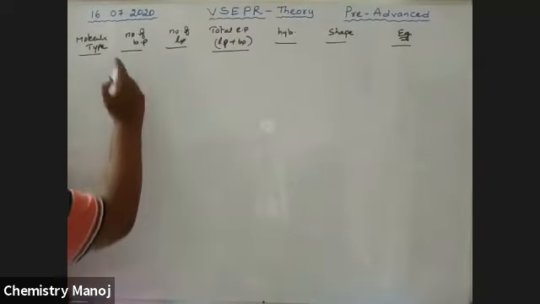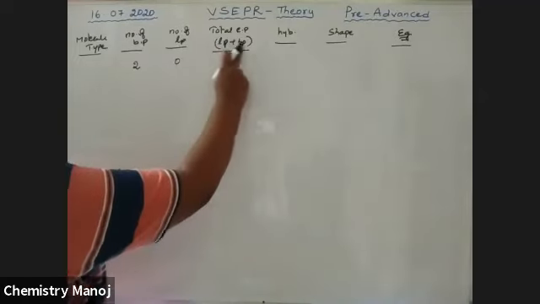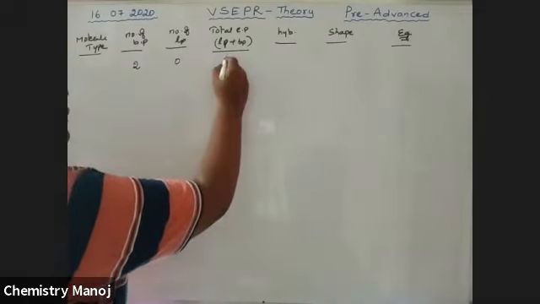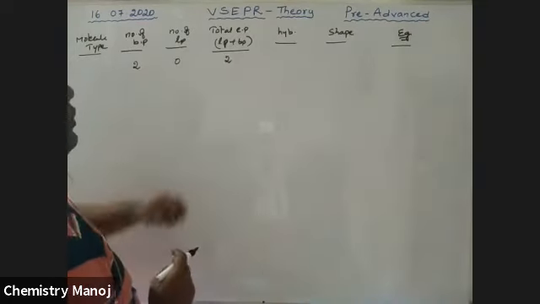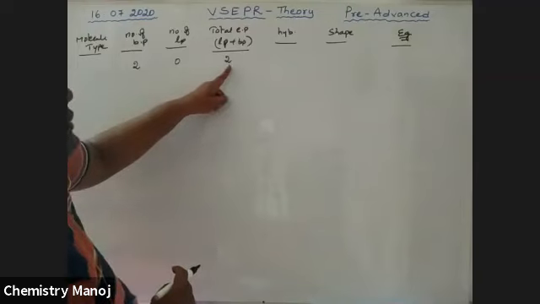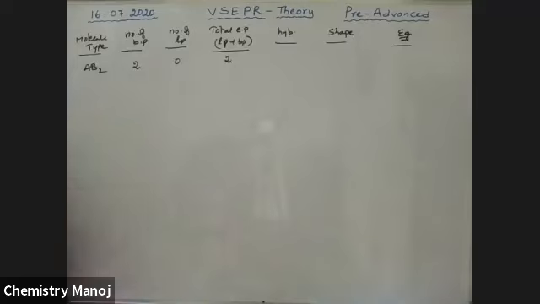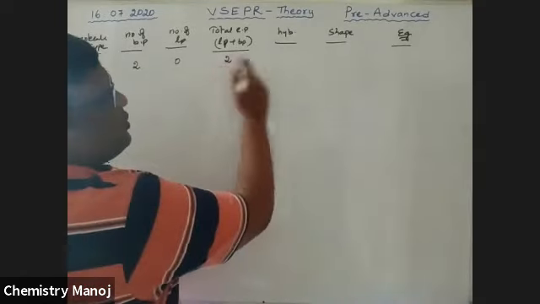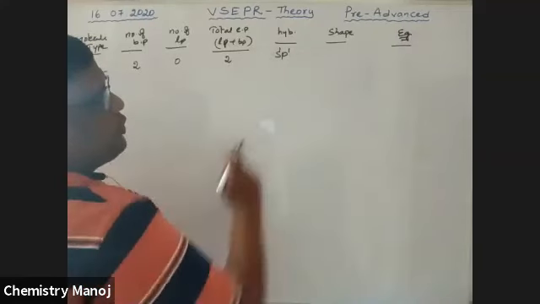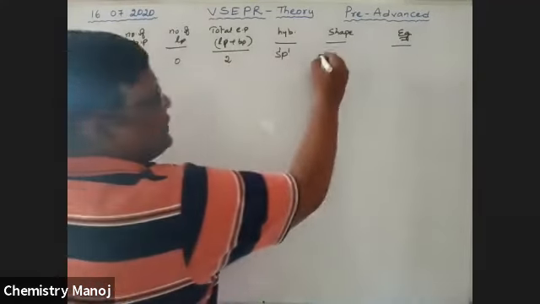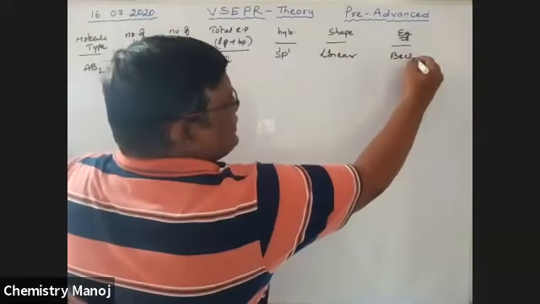The molecule has 2 bond pairs, 0 lone pairs, total pairs, lone pairs plus bond pairs, 2 plus 0, which is 2. So only 2 bond pairs exist. The molecule is of the AB2 type. Because it is 2, it is sp hybridization. 2 means 1 plus 1, sp hybridization. The shape is linear, with an example BeCl2.